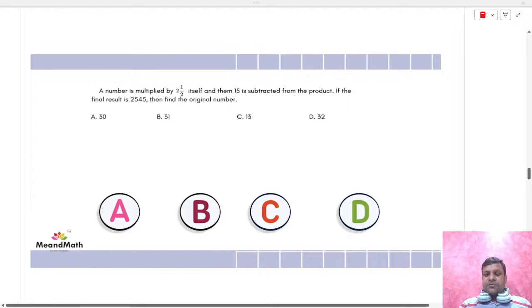क्या आंसर है बच्चों? Any answer? I cannot see in the answer list. So all are doing or well solved.